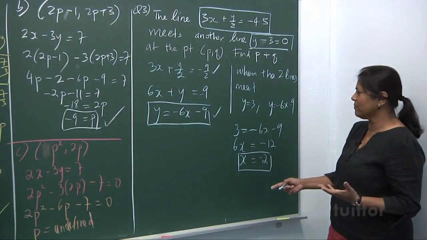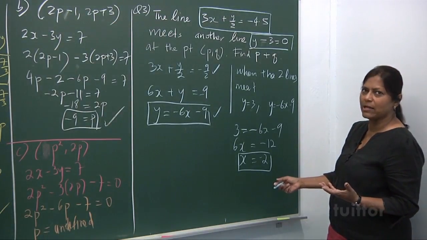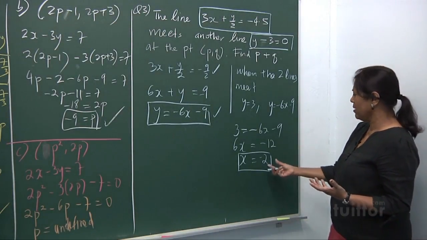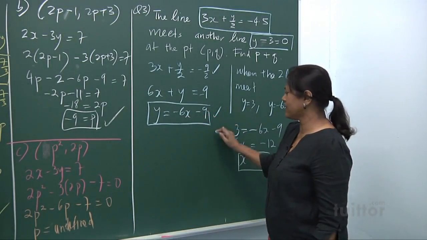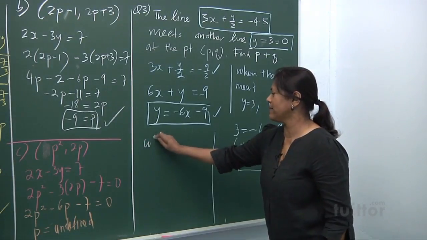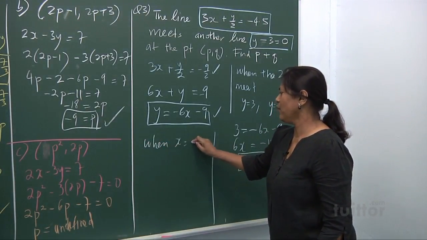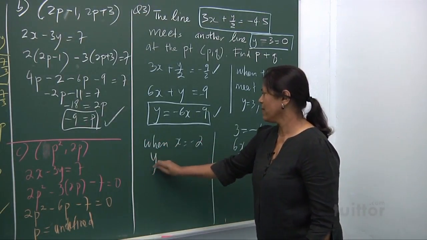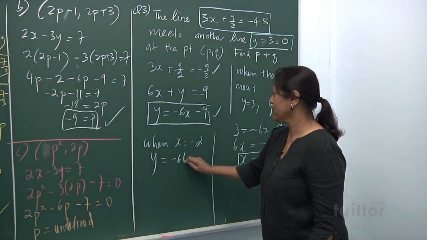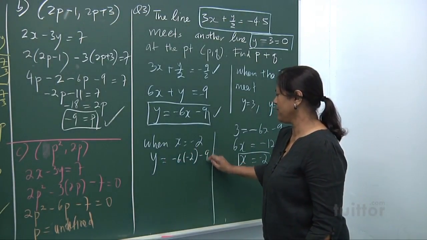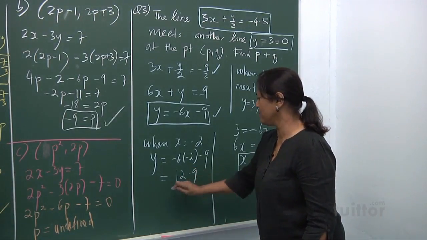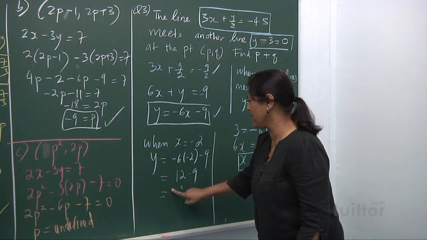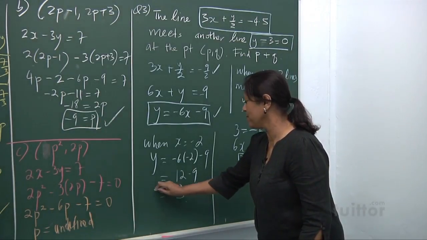But if you're not convinced that your y is 3, you can fit it back in there. When x is minus 2, what is y going to be? Y is going to be minus 6 times minus 2 minus 9. Minus and minus is a plus. And do you see your y becoming equal to plus 3?